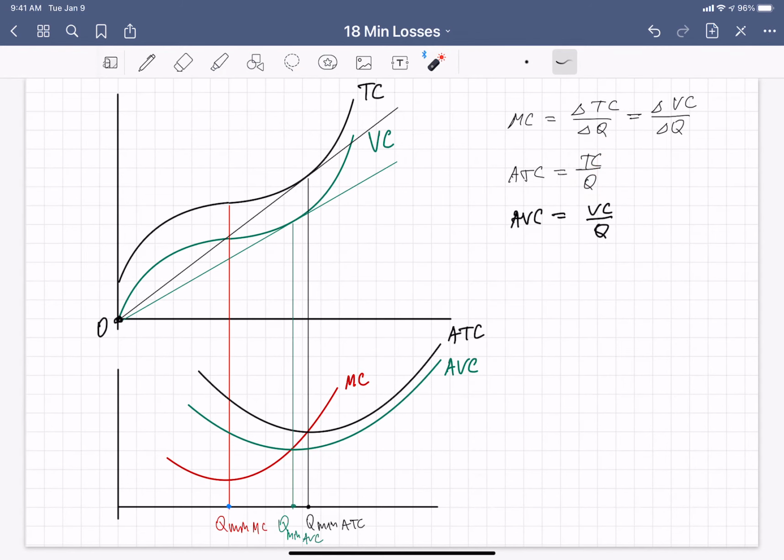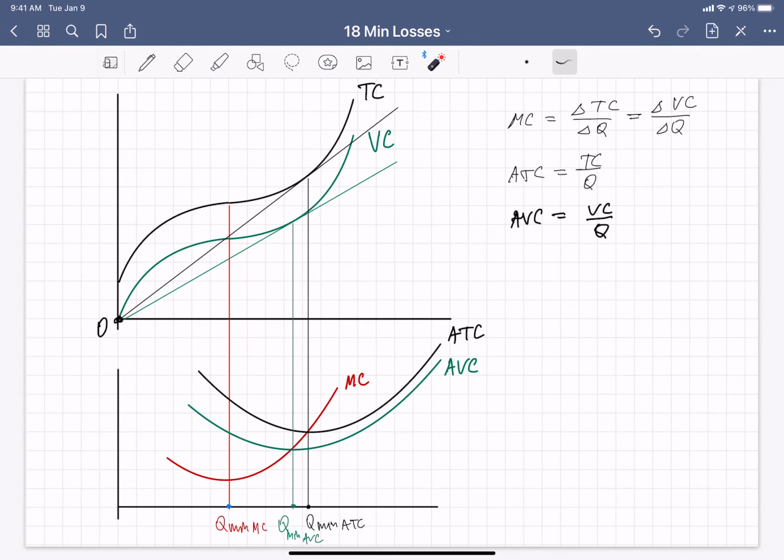Therefore, if you pick, for example, this quantity, then at this quantity you can measure TC as this distance, divided by this distance, because this is your Q, and this is your total cost. So this ratio also happens to be the slope of this line.